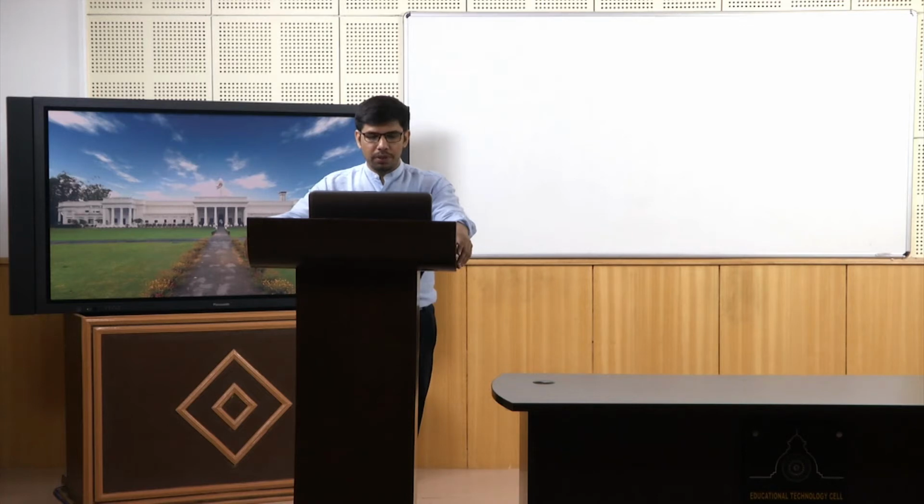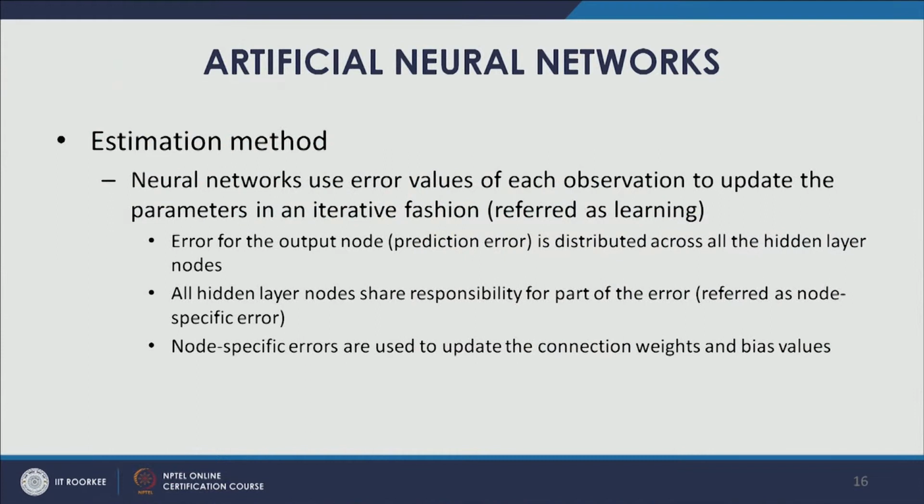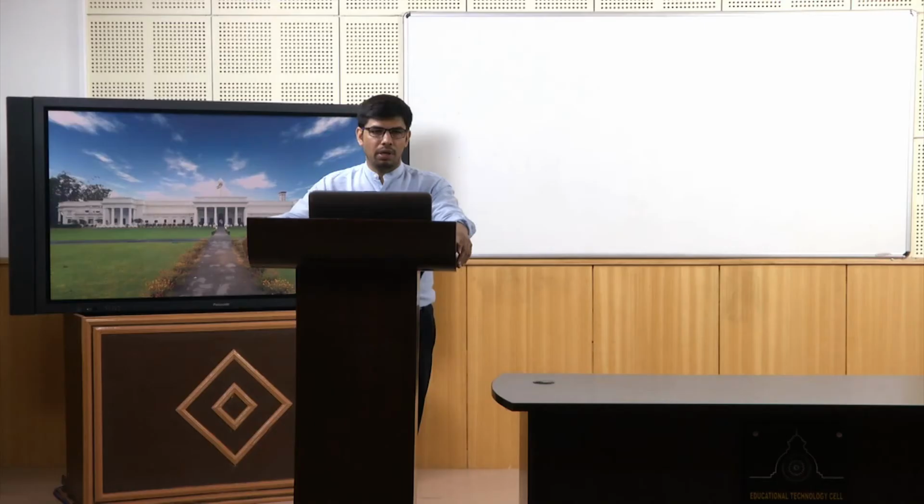Now these node specific errors are used to update the connection weights and bias values. We have connections between input layer nodes and hidden layer nodes, and similarly between hidden layer nodes and output layer nodes. All those connection weights and the bias values for hidden layer nodes and output layer nodes, all those parameters, are going to be updated using these node specific errors.